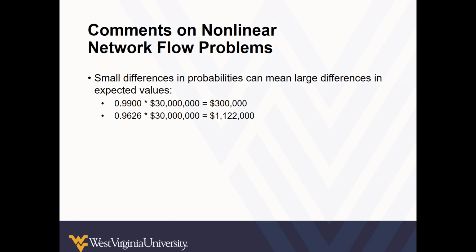So small differences in probabilities can mean really big differences in expected values, and we find that the expected value is substantially different between a 99% chance of a safe trip and a 96.26% chance of having a safe trip.